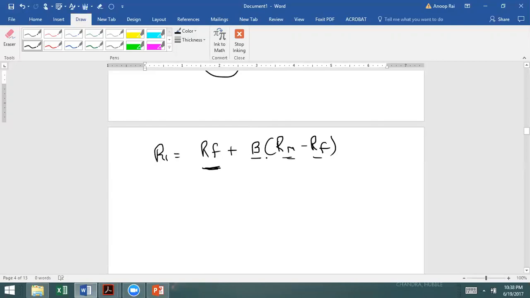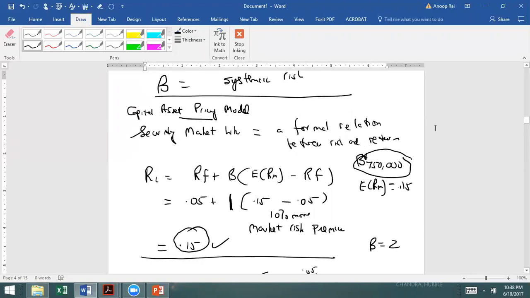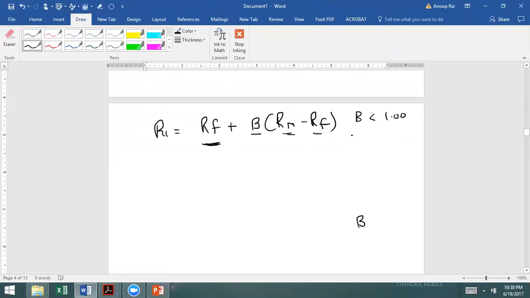But if you are even wary of the market and you want to invest in really safe stock, then invest in stocks with beta less than 1. So beta less than 1 would be very safe stocks. Beta greater than 1 would obviously be riskier than the market.